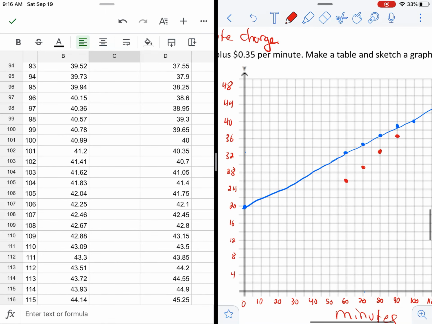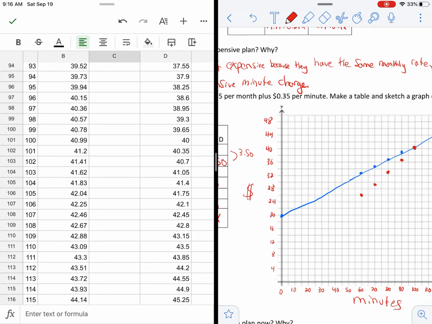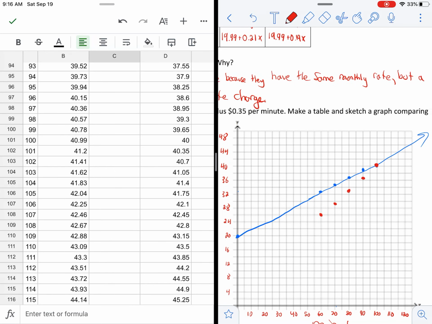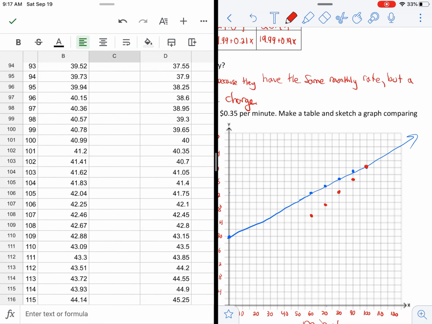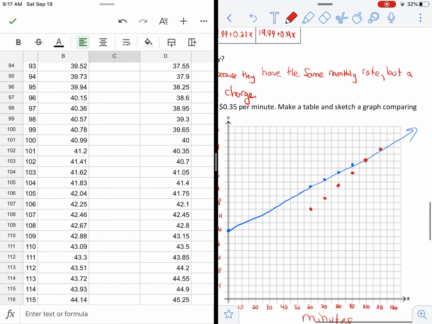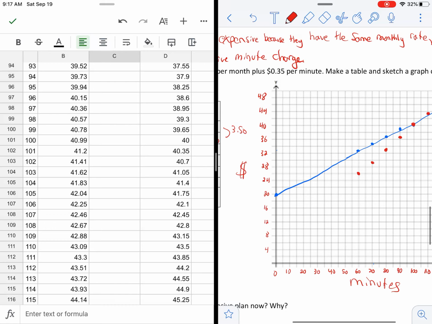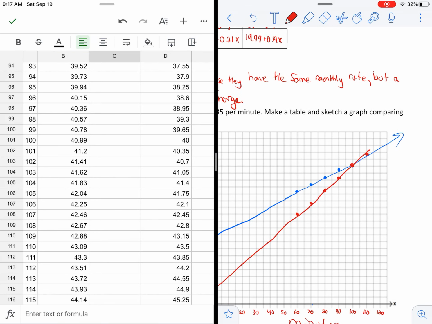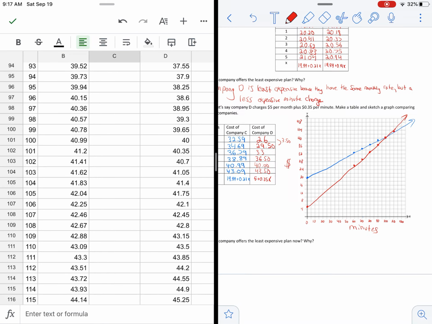And then 40. And then 43.50, which will be just on the north side of that. Somewhere like that. I also know that this company starts out at $5, which will be halfway between 4 and 6. So I've got a nice runway to draw my line, and extend it out like so.